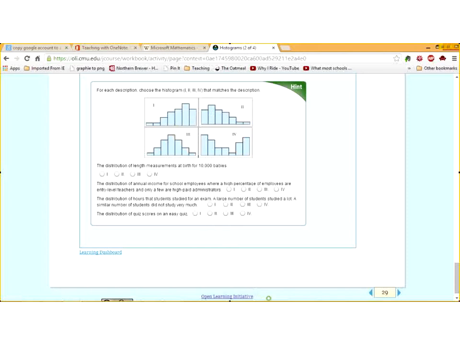You have to think of which of those makes the most sense for birth weights. And then there's three other variables as well. I would imagine that one of those describes each of the four. Each one is going to be different for those different answers.